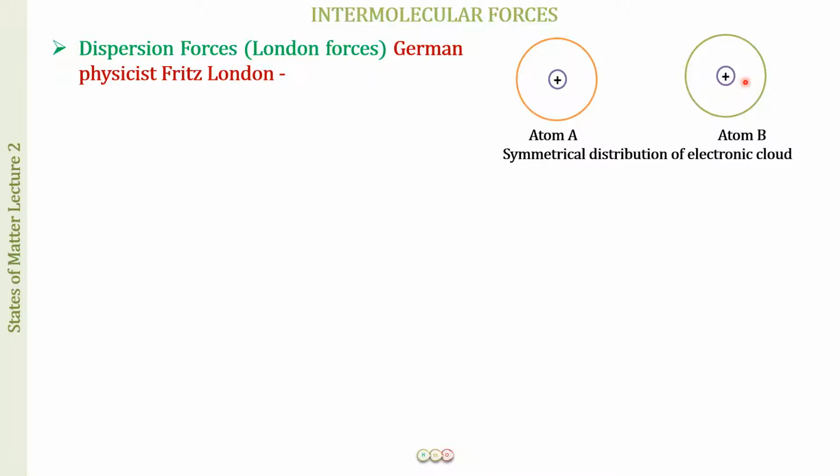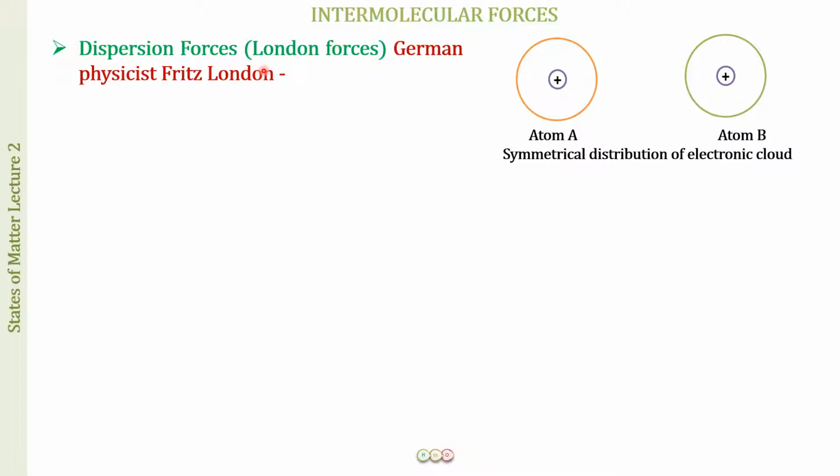When these two atoms are not sharing their electrons, they are not forming covalent bonds. In those cases, for example, in the case of the noble gases, where there is no chemical interaction taking place between the atoms, no actual transfer or sharing of electrons, these two atoms are experiencing some forces, and these forces are the dispersion forces.